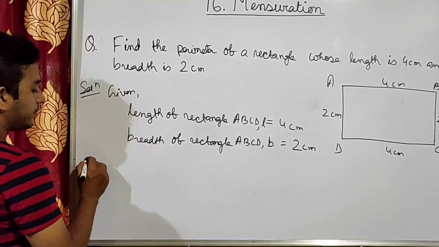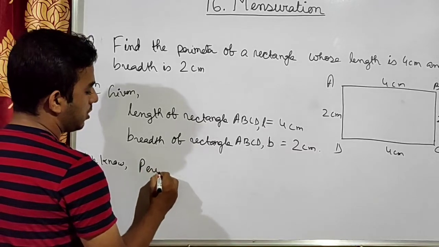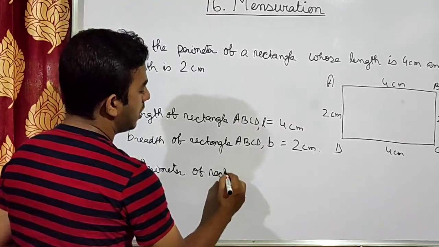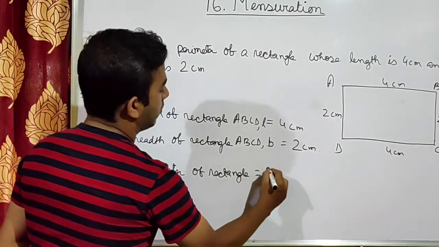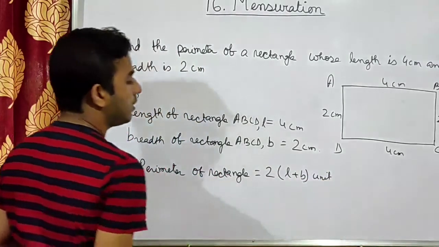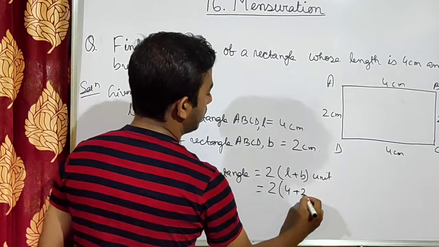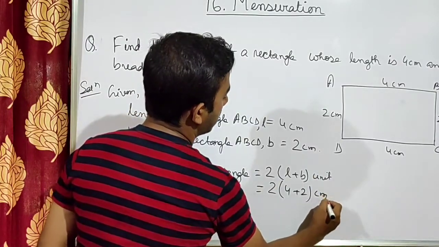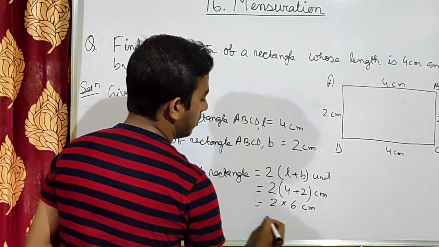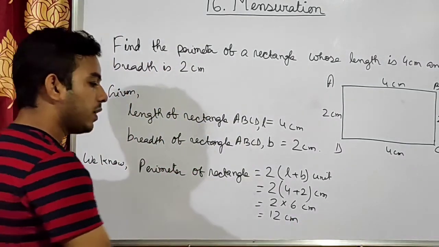Now we know perimeter of rectangle equals 2 into length plus breadth unit. So in place of 2, 2, in place of L 4, in place of B 2. Unit is what? Centimeter. Clear? So 2 into 6 centimeter, it will be 12 centimeter. So the perimeter of the rectangle is 12 centimeter.